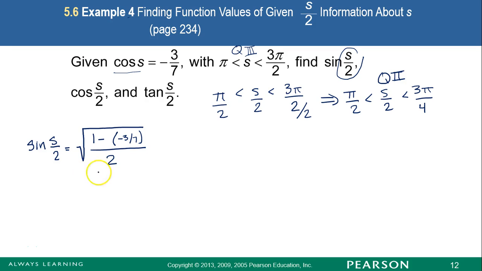Now reduce this, and what we get is the square root of 5 over 7.